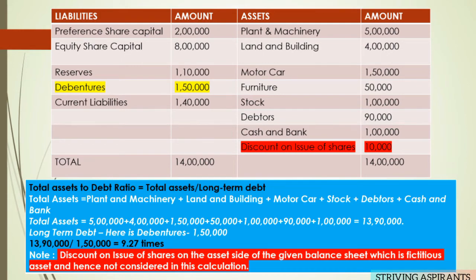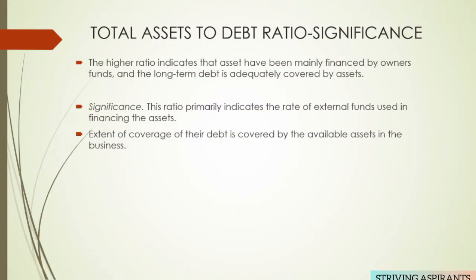Let us check some points related to total assets to debt ratio. When there is a high ratio for total assets to debt ratio, it indicates that the funds are mainly financed by the owners of the business, and the long-term debt is adequately covered by assets.